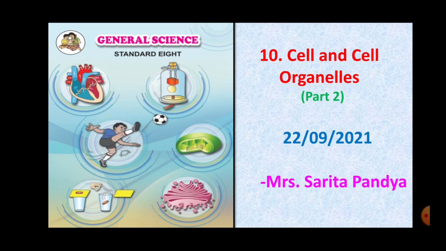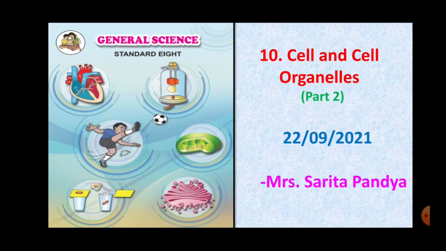This year, we are going to study the plant cell, animal cell, the differences between these two, and the different cell organelles which are present inside the cell, their structure, their function, everything, in very much detail.